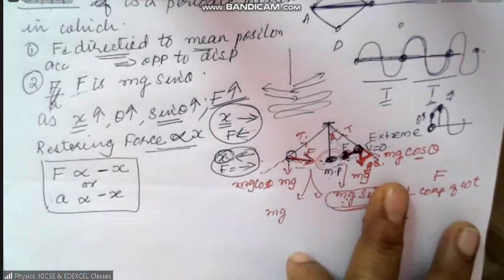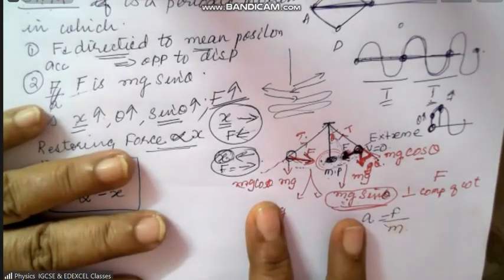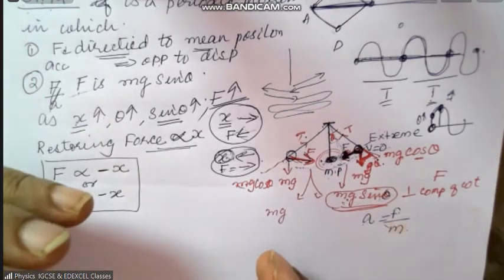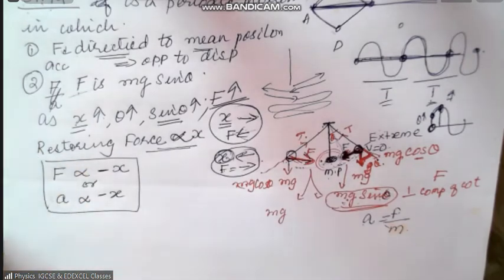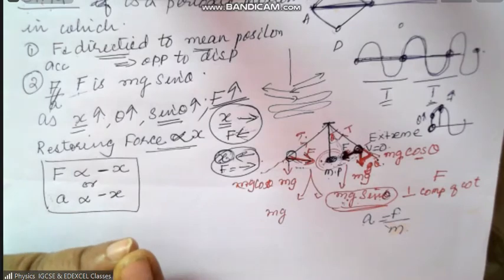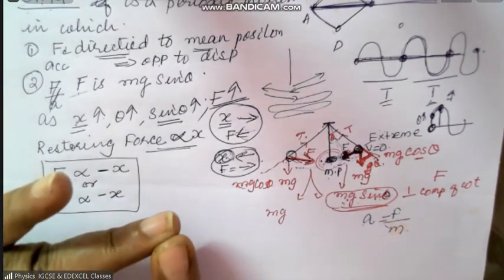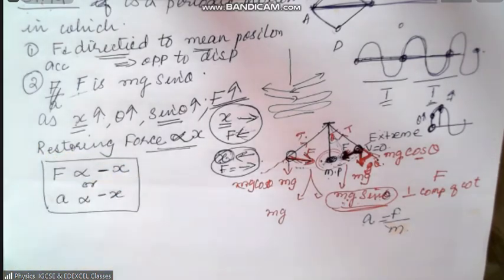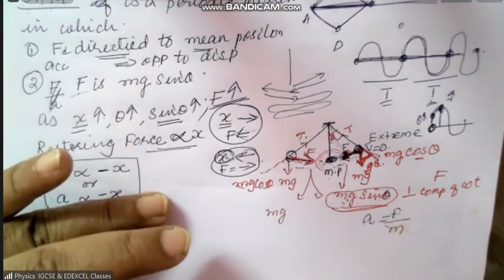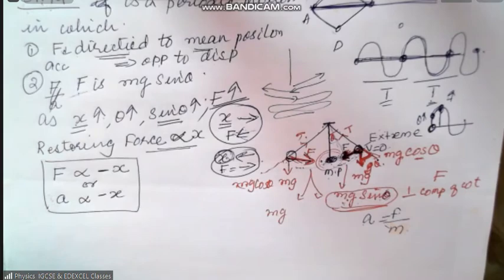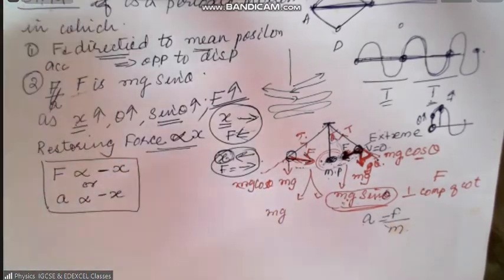Okay. So now what we are going to do is find the equation of displacement, equation of velocity, and equation of acceleration. Displacement time graph, velocity time graph, acceleration time graph. That is what we are going to do for a simple harmonic motion.